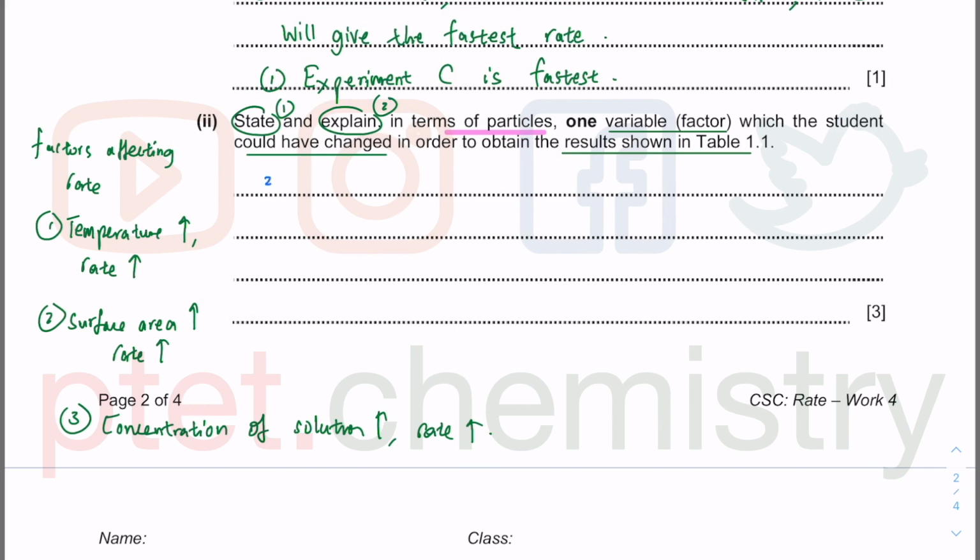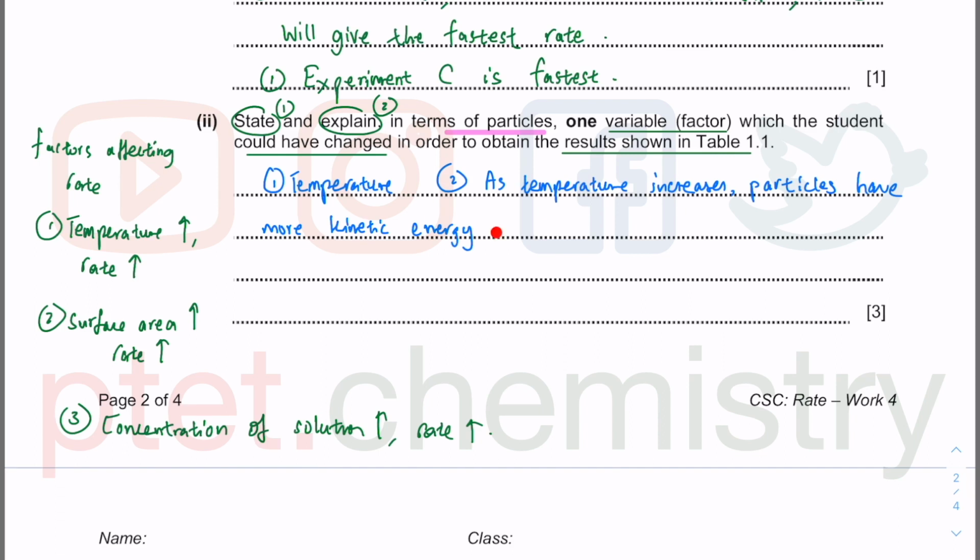So I'm just going to state, let's say number 1, temperature. When I use temperature, how can I get my answer? I can say as temperature increases, the reacting particles will have more kinetic energy. We talk about movement related to kinetic energy as well as temperature.